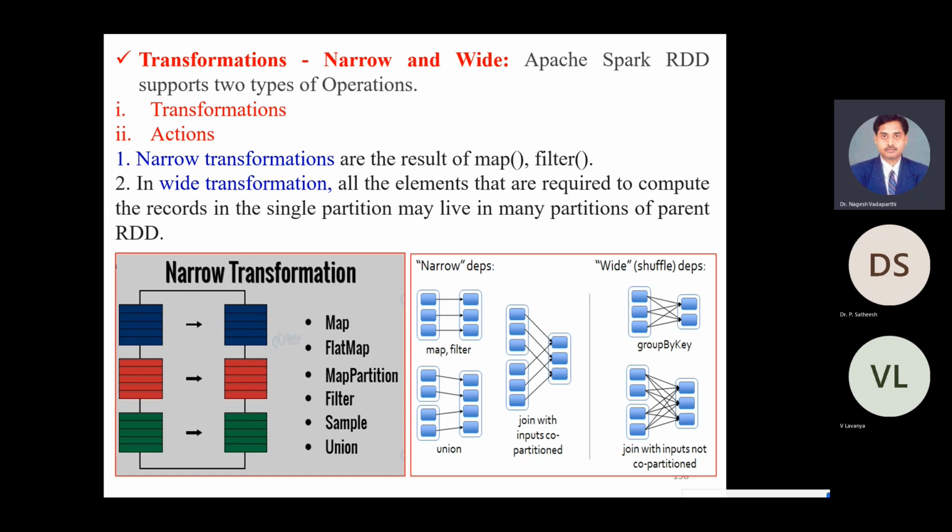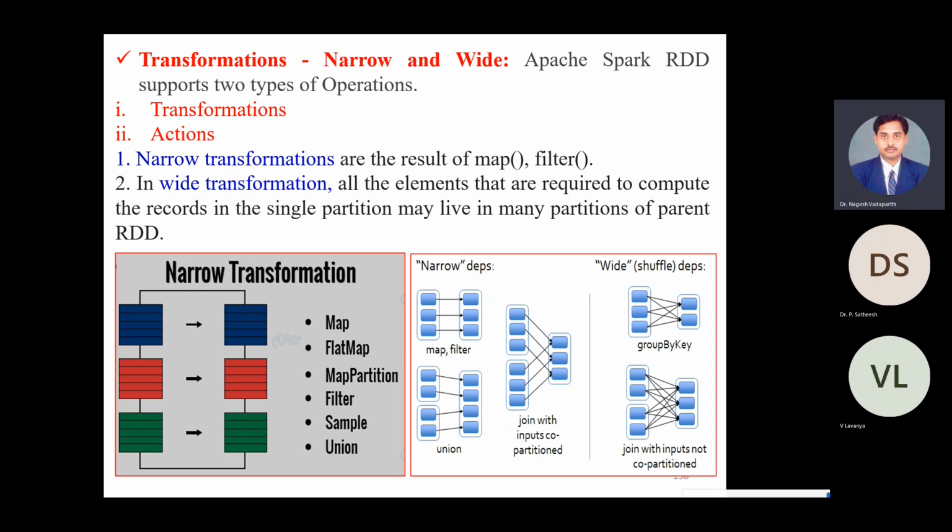In wide transformation, all the elements that are required to compute the records in a single partition may live in many partitions of the parent RDD. Examples of narrow transformations: map, flatMap, mapPartition, filter, sample, union.